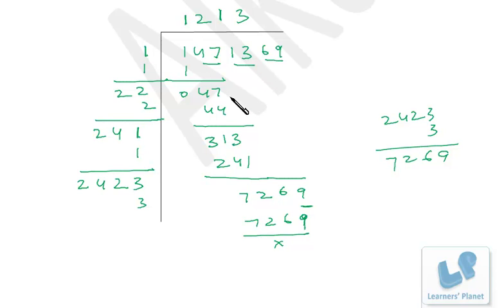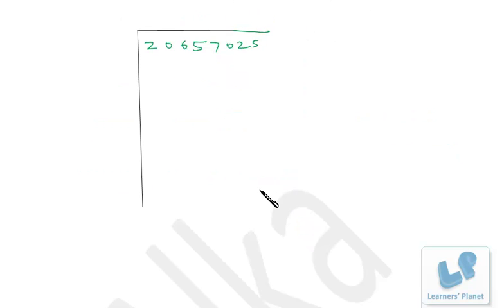I just take one more sum for this. Now let's try this problem. So square root will be having 4 digits. First of all, we have to look at 20. So 4 into 4 is 16. So it's 4, 6, 5, 4 and 4, 8.